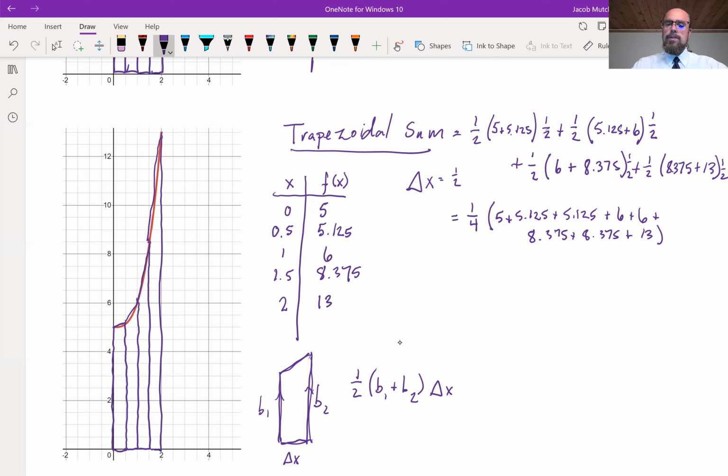Let's calculate this. So again, we want to find that sum first. So I just want to add it up. 5 plus 5.125 plus 5.125 plus 6 plus 6 plus 8.375 plus 8.375 plus 13. So notice in the sum, the only values, the heights we don't repeat, are the first and the last, the far left and the far right.